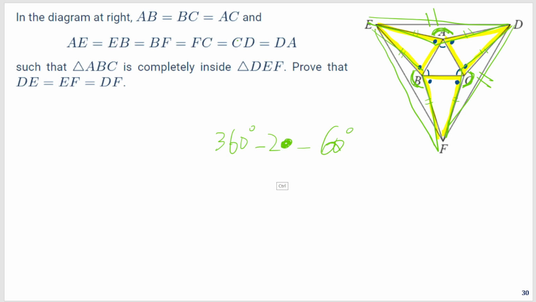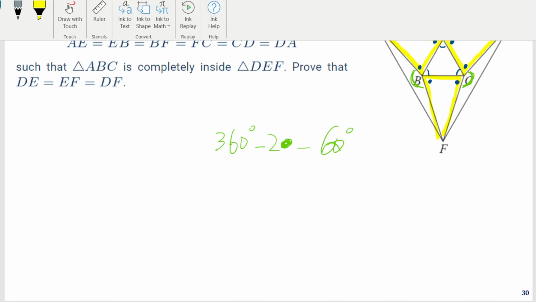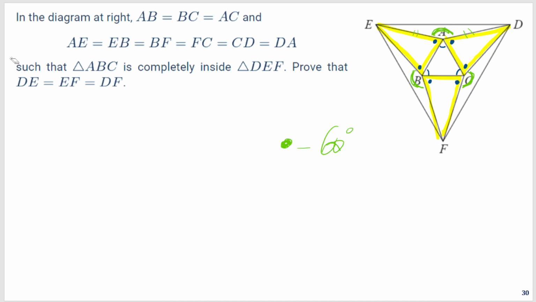You see the logic here? So please, after this class, try to write your proof in a more logical way, okay? I have already given you the hint. So your task is to organize your language and write your proof, okay?